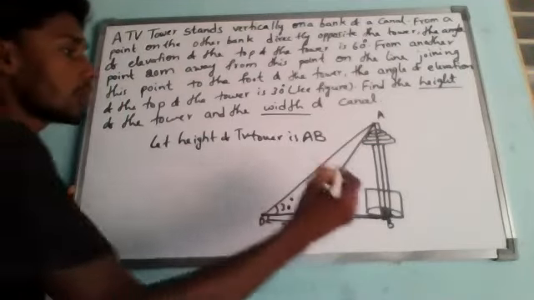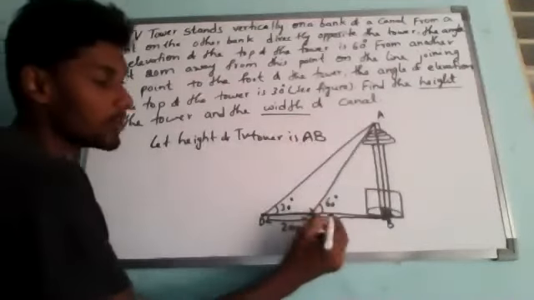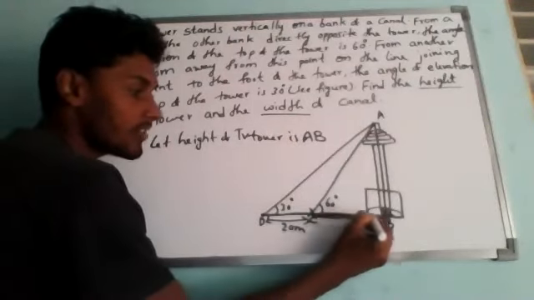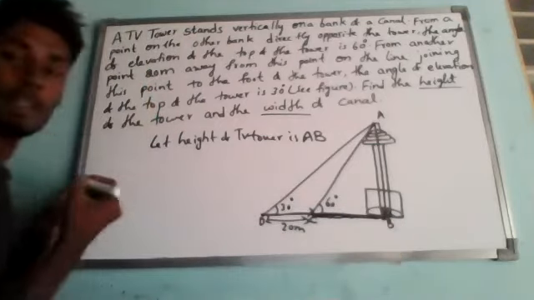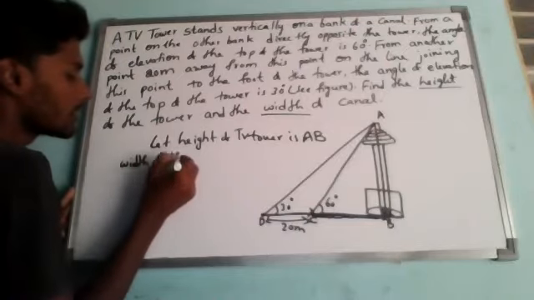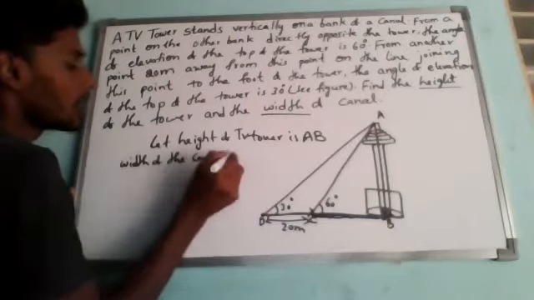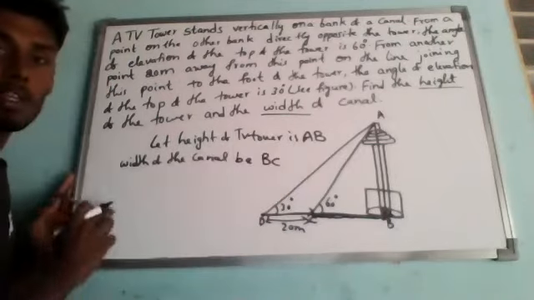The height of the tower I am assuming as AB. If you observe the figure, what is the width of the canal? Width of the canal will be BC.